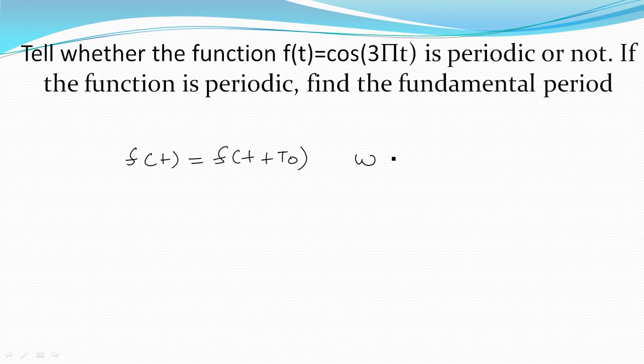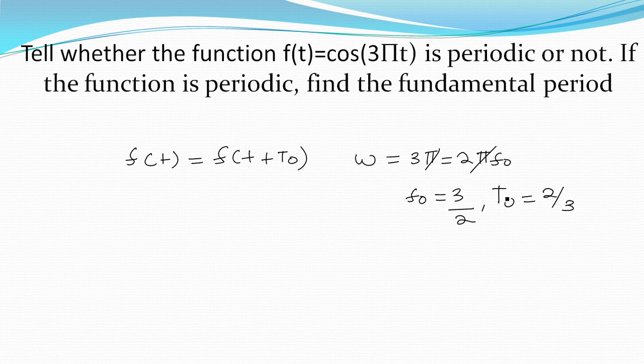So omega is equal to 3 pi, equal to 2 pi times the fundamental frequency. So cancel si pi, fundamental frequency is equal to 3 over 2 and yung fundamental period is just the reciprocal of the fundamental frequency, which is 2/3. Okay, so add natin sa domain si T naught doon sa cosine 3 pi t.